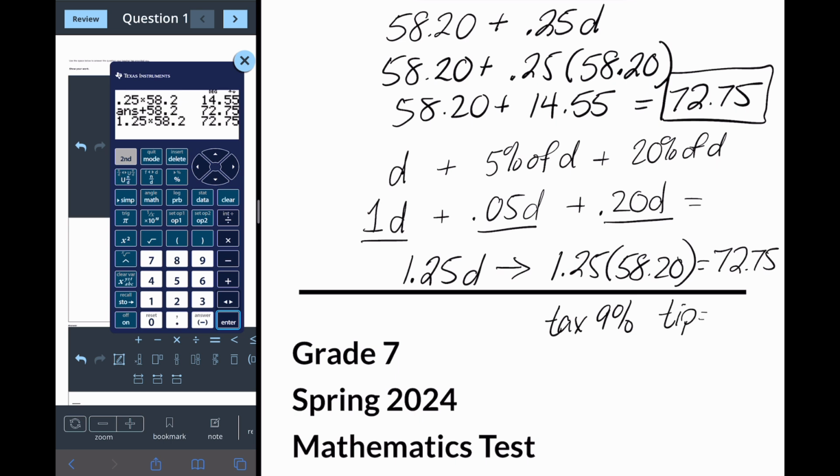I generally give 20% tip. So I already know that whatever the dinner is, I'm going to automatically times it by 1.29 to figure out what dinner plus tax and tip cost. So that's just my way of doing it.